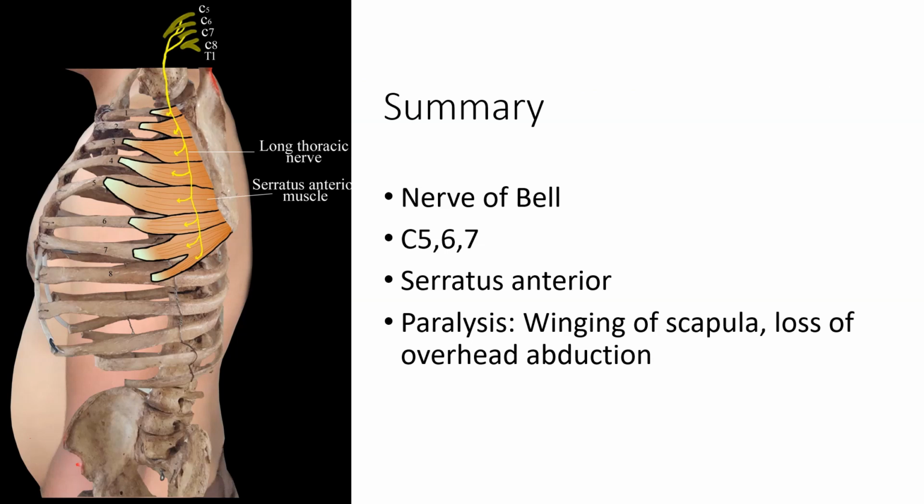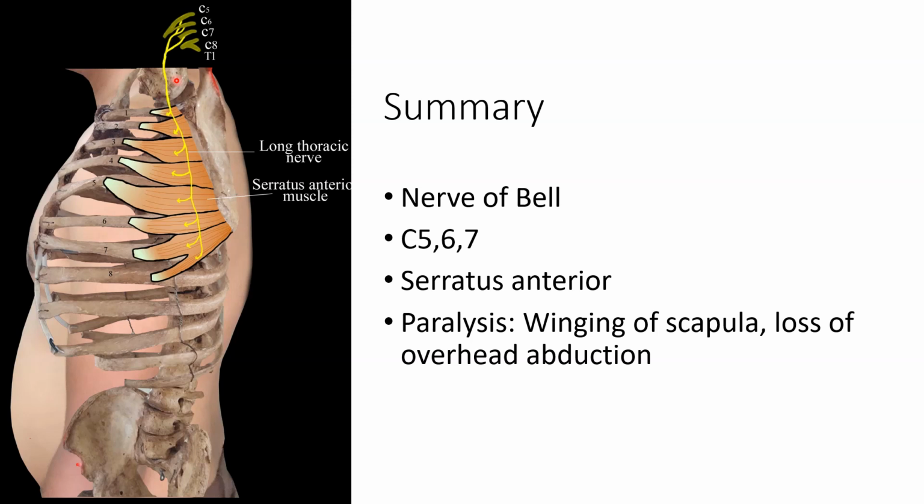So you have learnt about the long thoracic nerve. The long thoracic nerve of Bell, as we call it, and its other name is the nerve to serratus anterior, as it supplies that muscle, giving a separate branch to each of its 8 digitations, and it arises from the C5, 6, 7 roots of the brachial plexus.